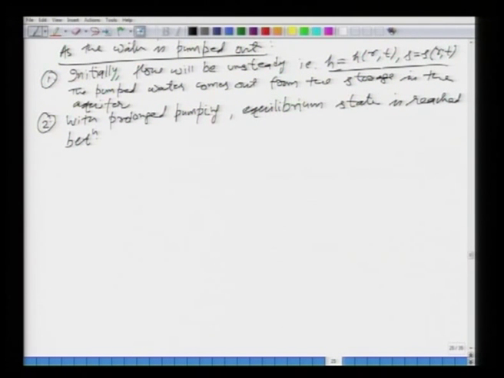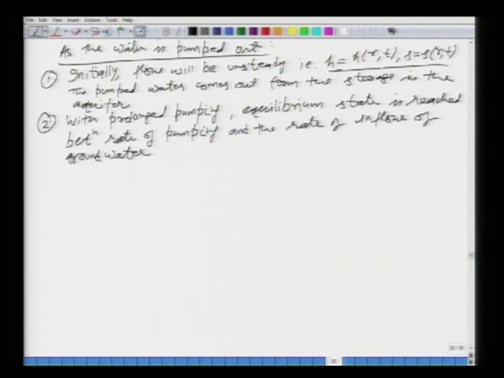Now, this is important: equilibrium is reached between the rate of pumping and the rate of inflow of groundwater from the edges of your area of influence.